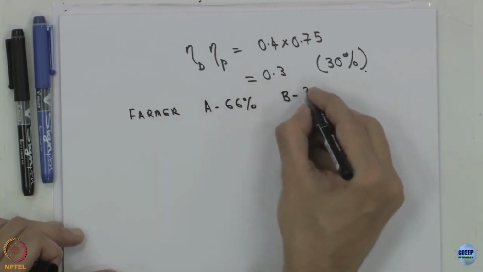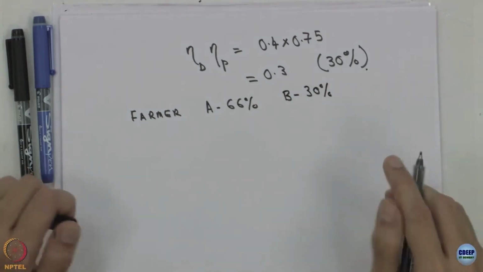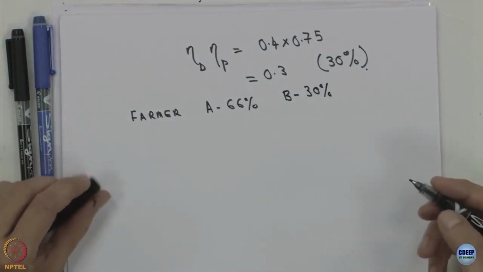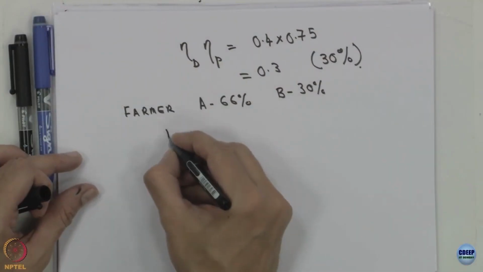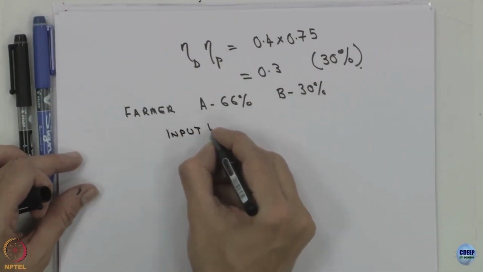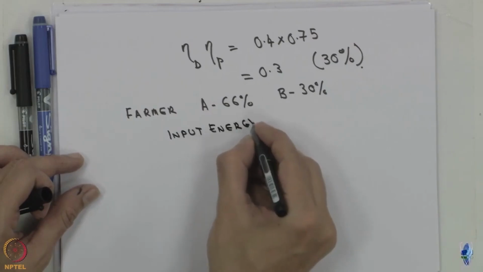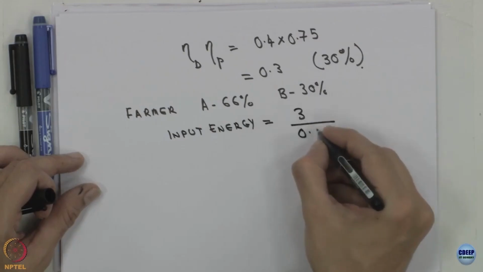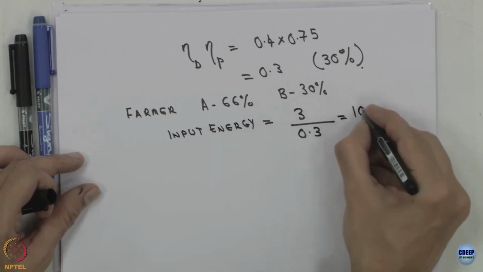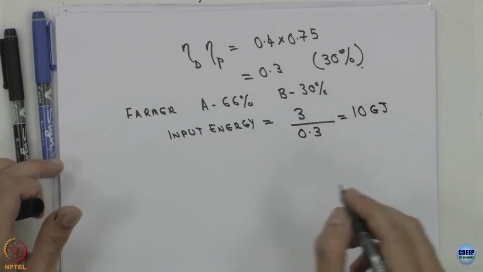In the case of B, it is 30%. So it looks like the diesel engine pump efficiency is half the efficiency of the electric motor pump, right? That's an interesting thing to see. So it looks like it's less efficient. That means the input energy that we now need will be 3 gigajoules divided by 0.3, which is 10 gigajoules of input energy, right?